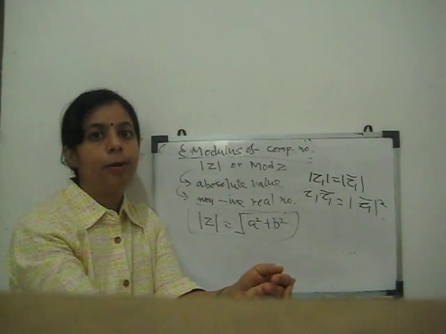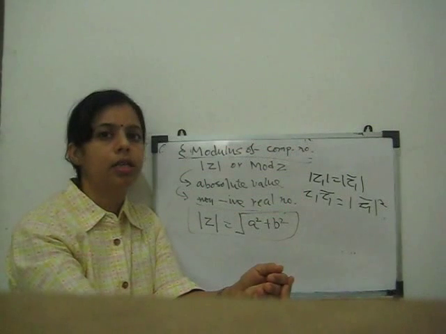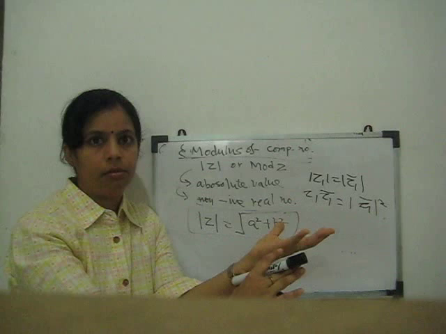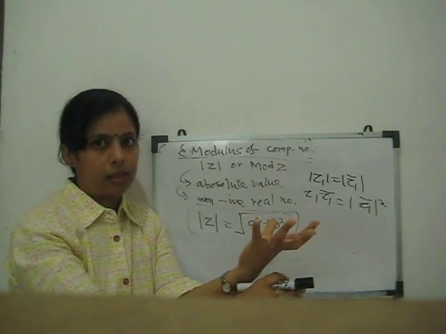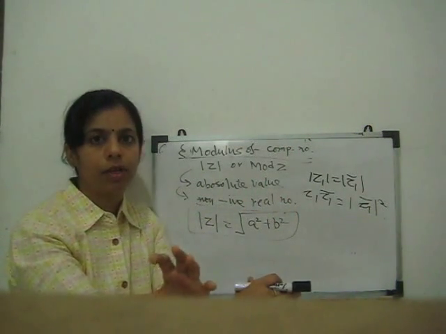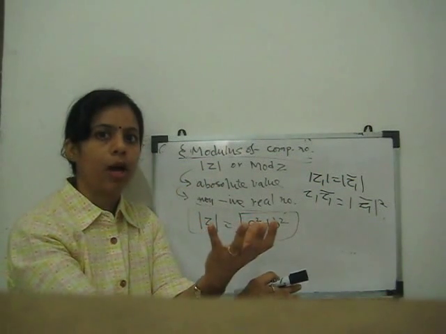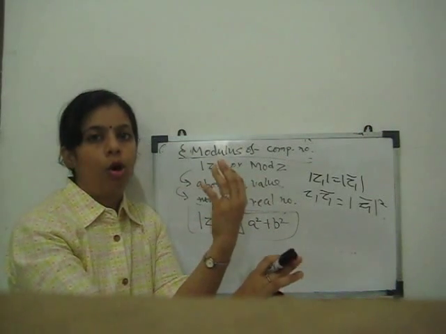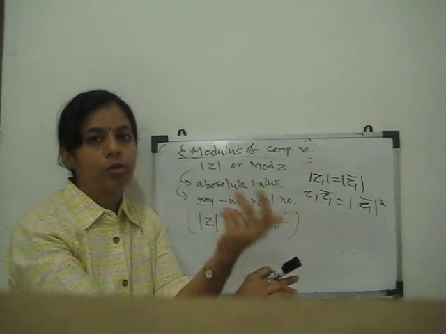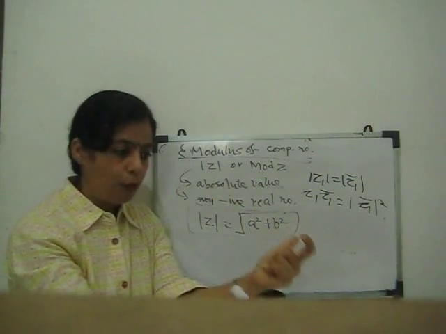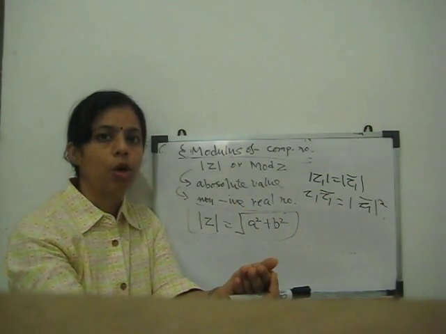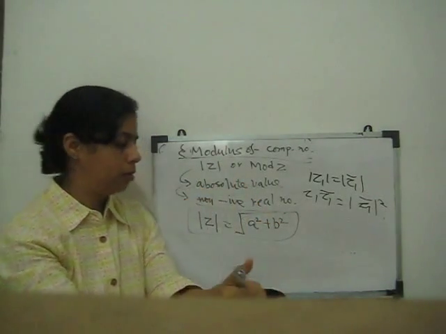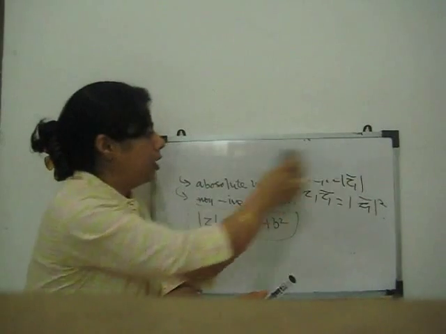When you studied differentiation and integration, everywhere you could substitute x equal to r cos theta when the Cartesian coordinate system is transferred into polar coordinates: x is equal to r cos theta, y is equal to r sin theta, and r square is equal to x square plus y square, and so on. So this is the presentation of any complex number in trigonometrical form.